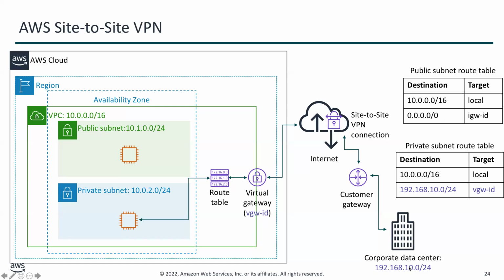That's the corporate data center network. It goes to this virtual gateway ID, and that we need to route. When we create it, we need to add this kind of entry. So anything coming from this network, which is outside in the on-premises network, should go to this virtual gateway, and you need to know where to route it.